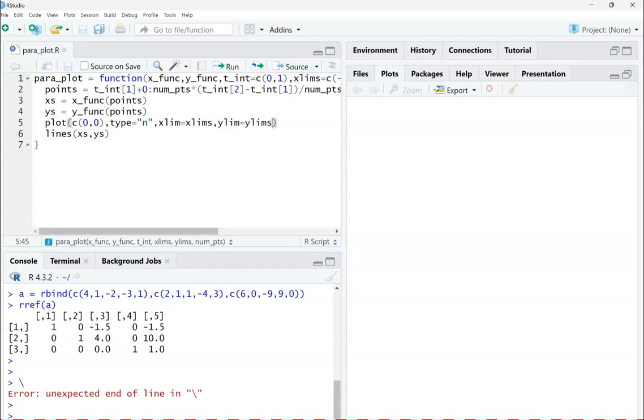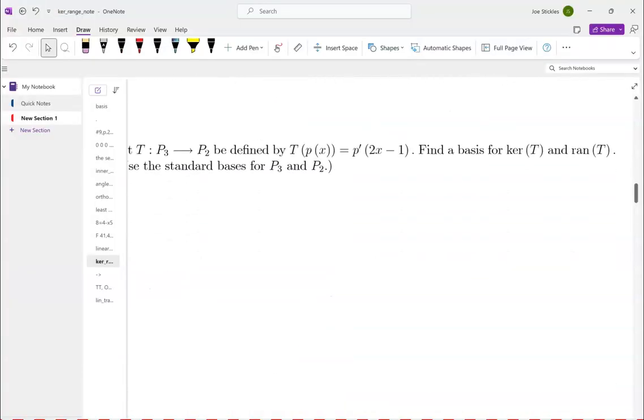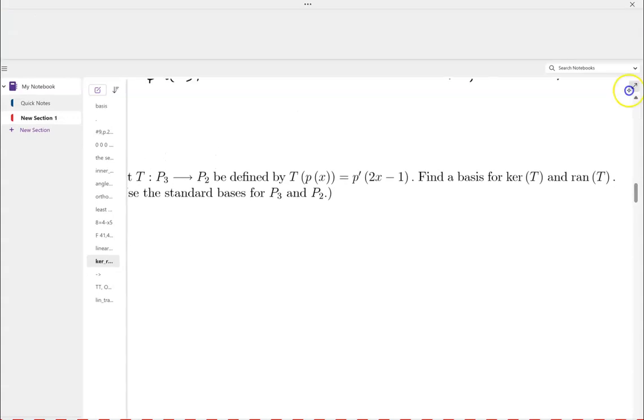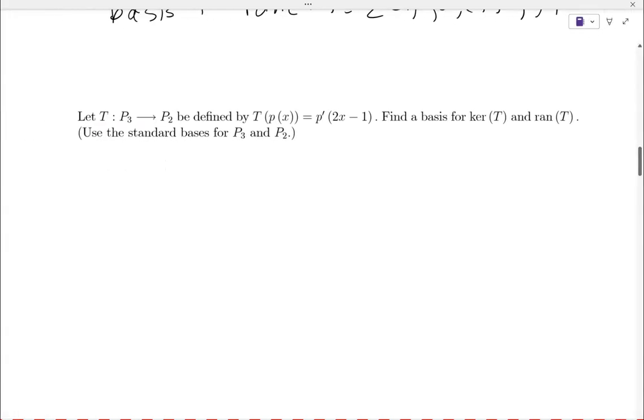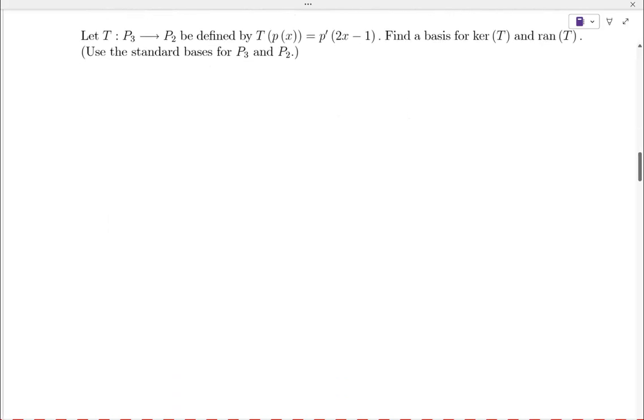Lots of new words and new ideas, but all connecting back to systems of equations again. Let's see if we can extend that idea. Our next example here has a transformation that goes from degree 3 or less polynomials to degree 2 or less polynomials.